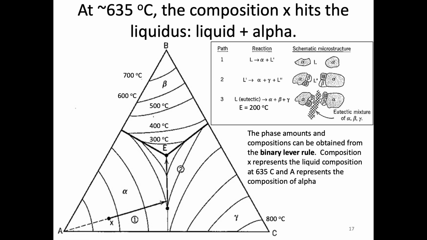I can get the amounts of liquid and alpha below 635 by using the binary lever rule, keeping in mind that alpha has a composition of A, and the liquid is going to change composition with temperature, as denoted by the temperature contours.